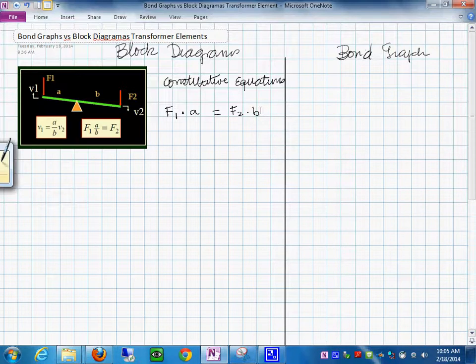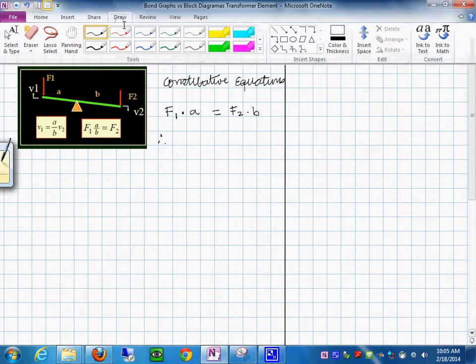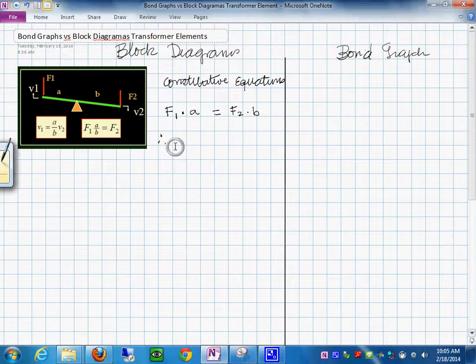So the moment on this side equals the moment on this side. So therefore, it follows, and I will put it in maybe with red ink, that you could write that F1 multiplied by this lever ratio is going to result in F sub 2.